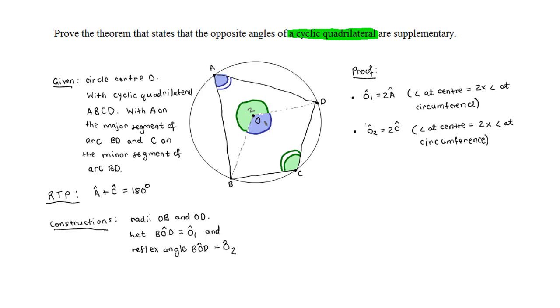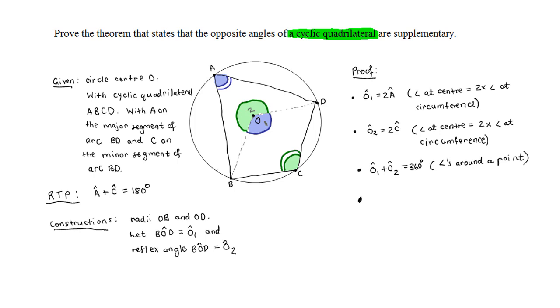A third statement that we can make is that angle O1 plus angle O2 is equal to 360 degrees, and that is angles around a point. We have some other representation for angle O1 and for angle O2, so why not substitute them into what we have right now?